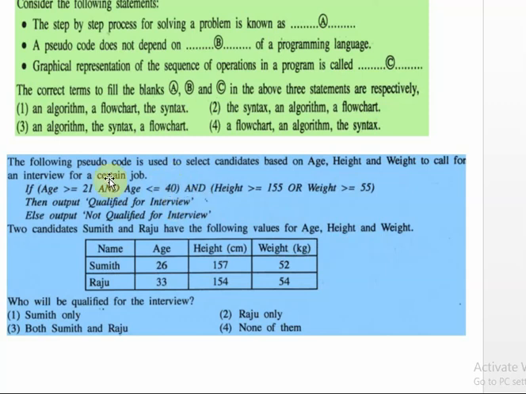This is one if condition, and you see the next condition, height greater than or equal to 155 or weight greater than or equal to 55. Here any of these, if height or weight matches, we can consider this as true.